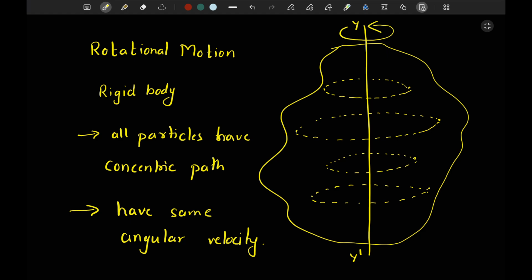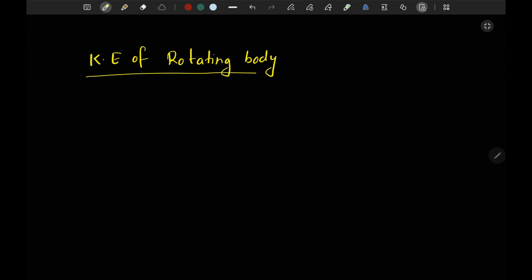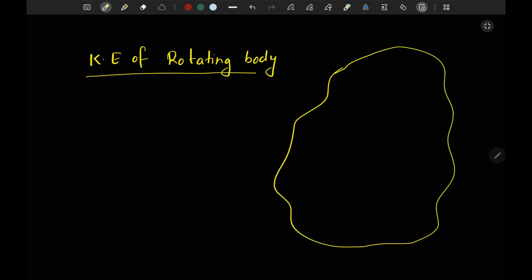Now, let us calculate the kinetic energy of a rotating body. To obtain this, again we will consider a rigid body which is rotating about some axis Y dash.